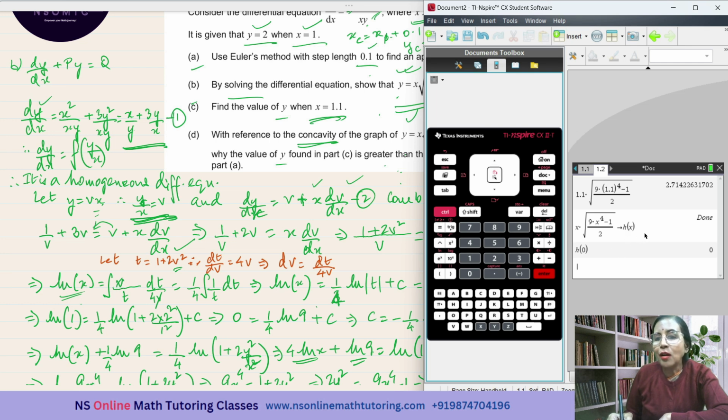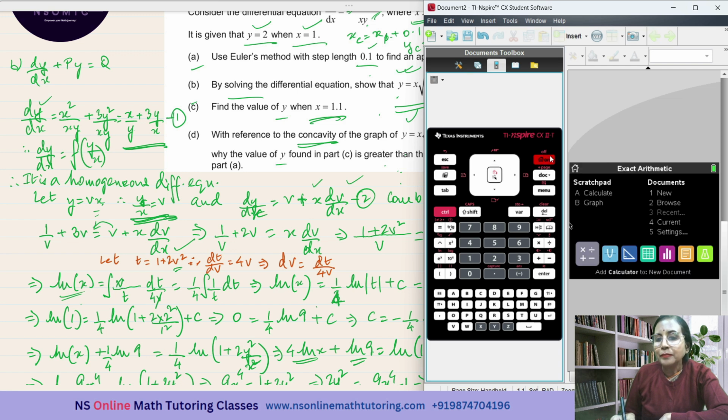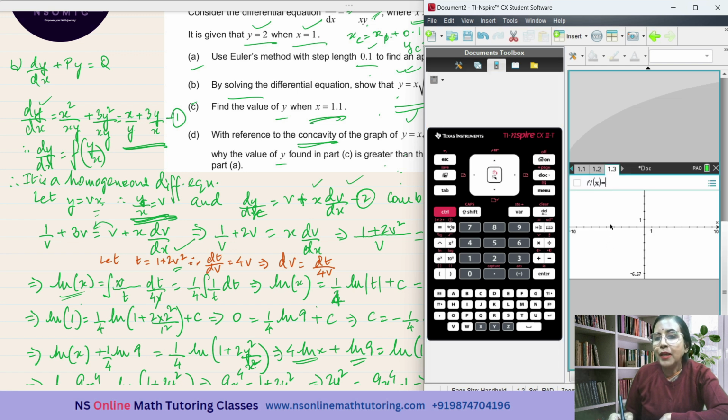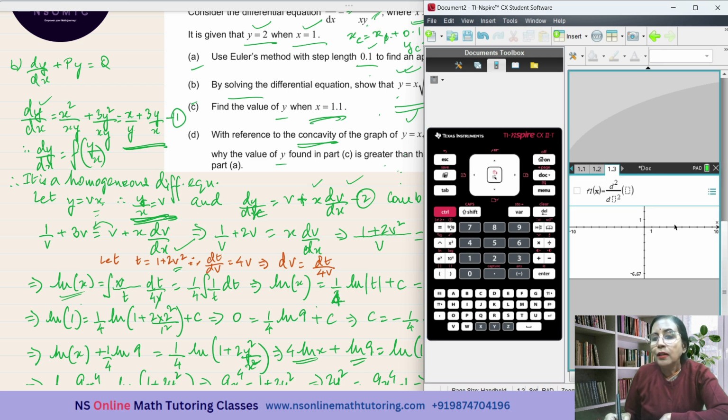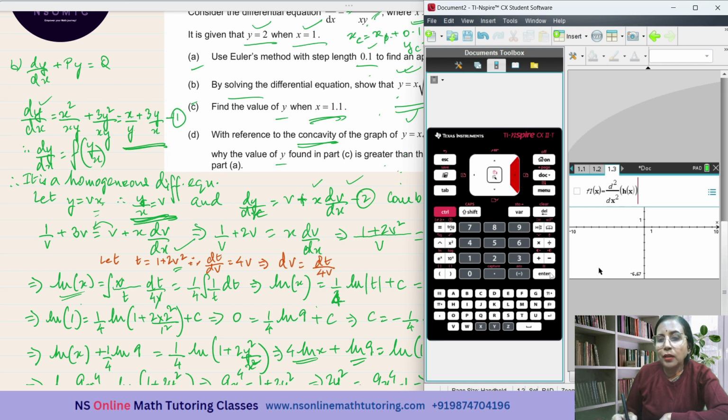So we have stored this expression correctly in the h of x function. Now I can go to the graph page, and over here I need to take the second derivative, with respect to x of course. I take h, and I'll be drawing the graph of the second derivative of h of x.